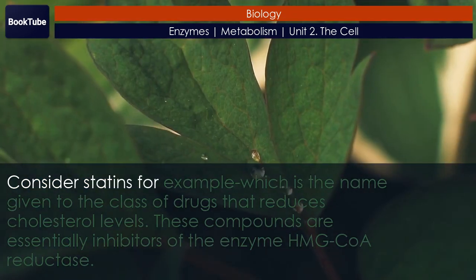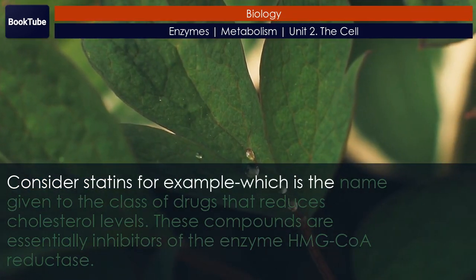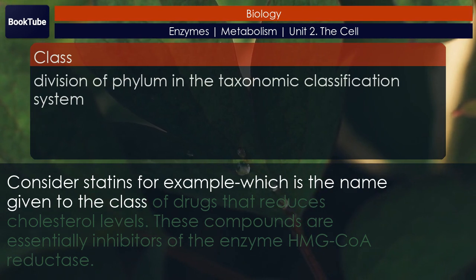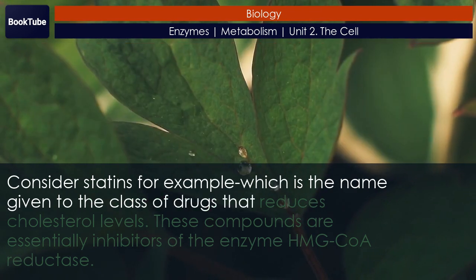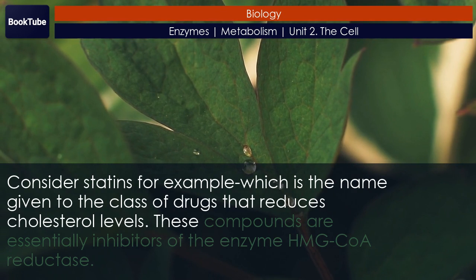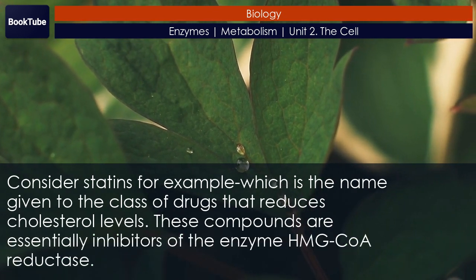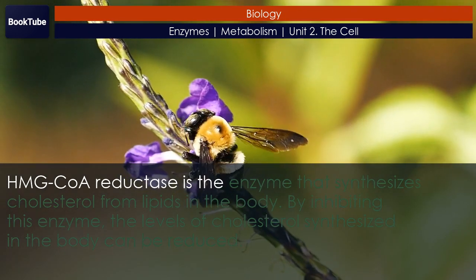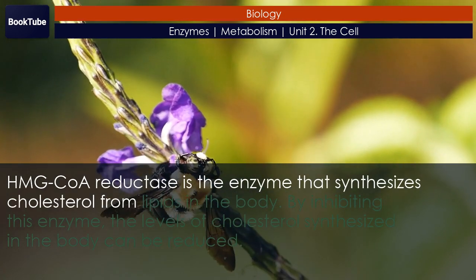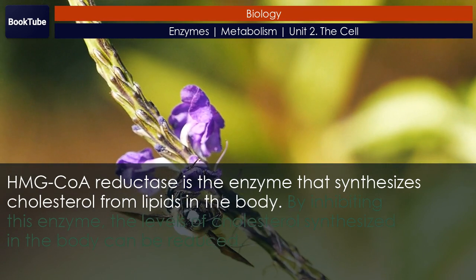Consider statins, for example, which is the name given to the class of drugs that reduces cholesterol levels. These compounds are essentially inhibitors of the enzyme HMG-CoA reductase. HMG-CoA reductase is the enzyme that synthesizes cholesterol from lipids in the body.